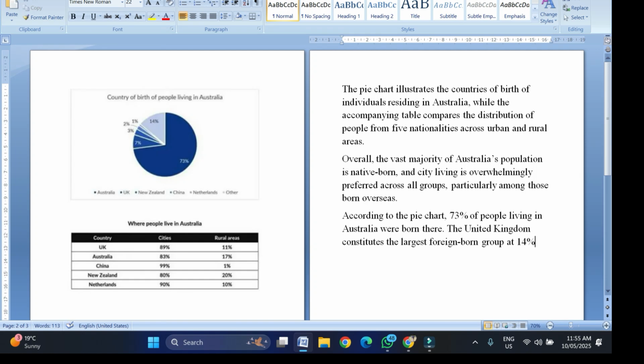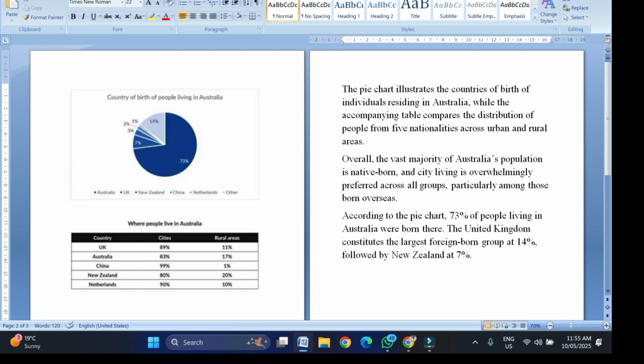So apart from Australia, the United Kingdom constitutes the largest foreign-born group at 14%, right? Followed by New Zealand. It's so strange. New Zealand is so close to Australia, but only 7% of people are here.